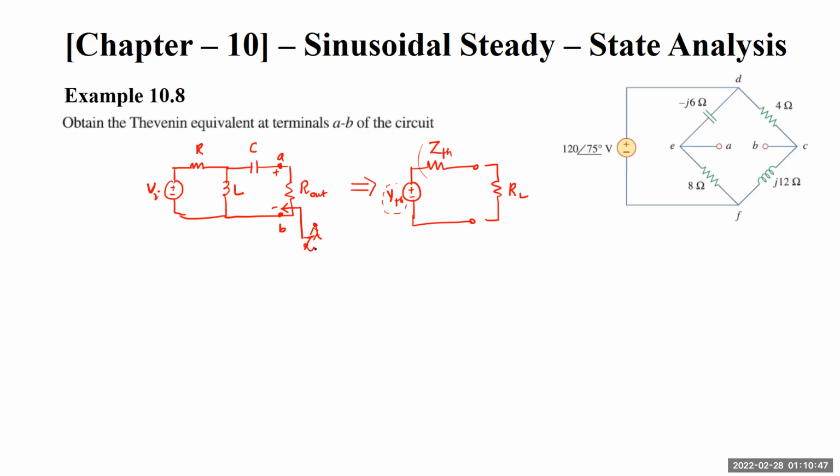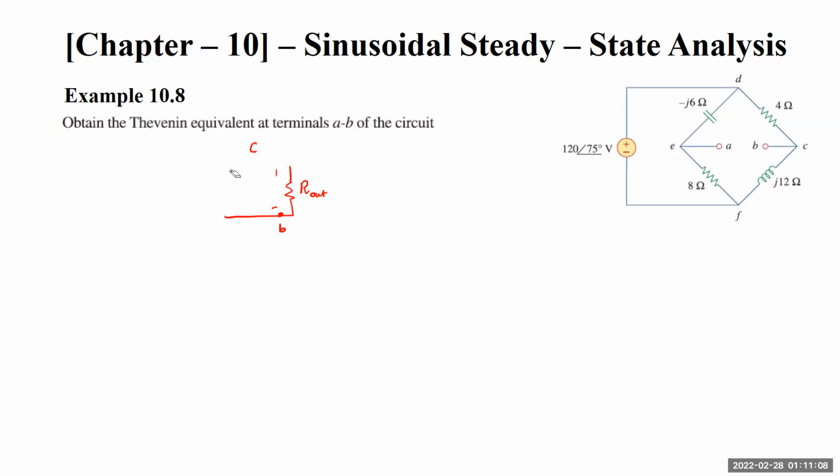So whatever the Z Thevenin or the Z input that is seen by the observer, and the effective voltage that appears across the terminals. Once we have this, the equivalent Thevenin model for this circuit would look something like this. So let's use this concept of Thevenin equivalent and solve this circuit for steady state AC analysis.